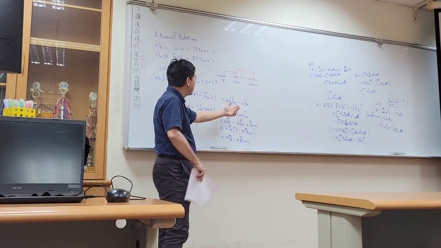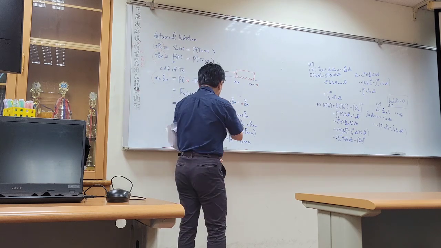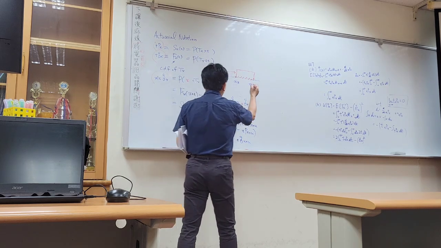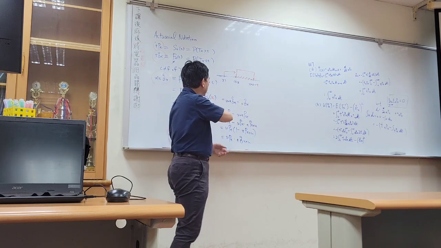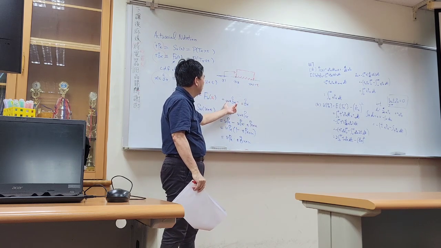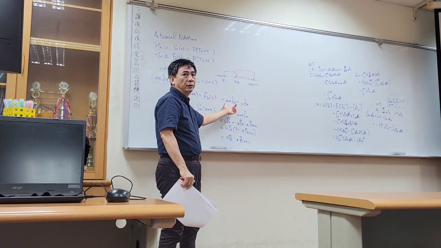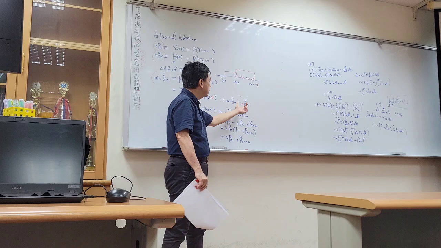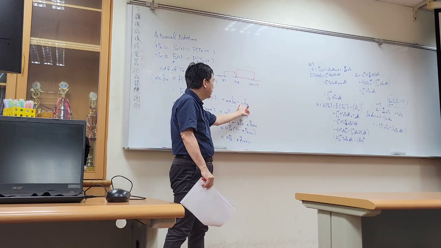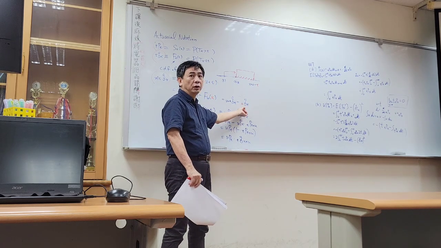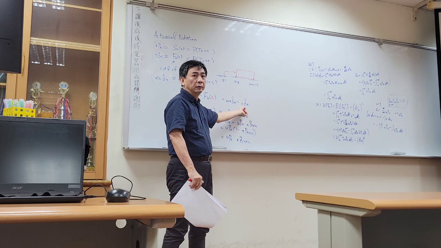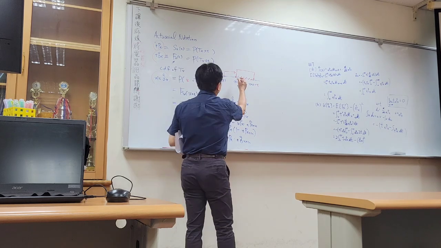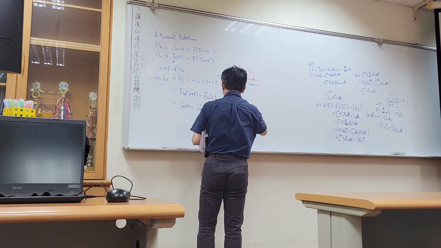This probability is that the individual dies within U plus T years, minus the probability that the individual dies within U years. Okay, we are going to find this probability, right?